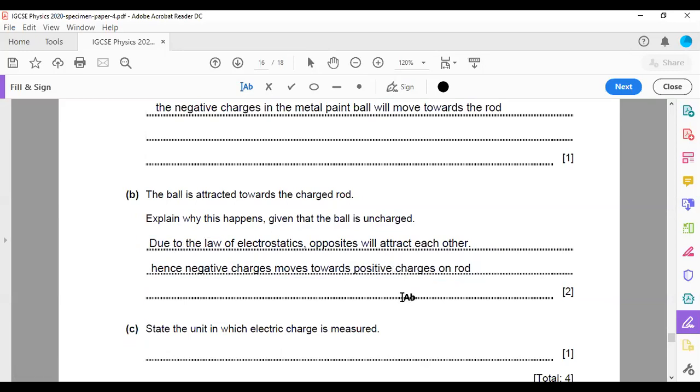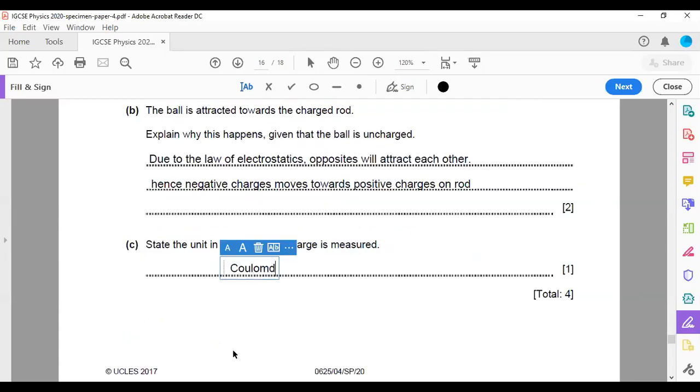Is everybody okay with that one so far? Nice. Good. They ask: state the unit in which electric charge is measured. Q is equal to I times T, where Q is in coulombs, and we call that capital C for coulombs.